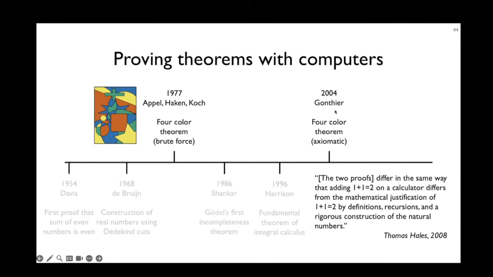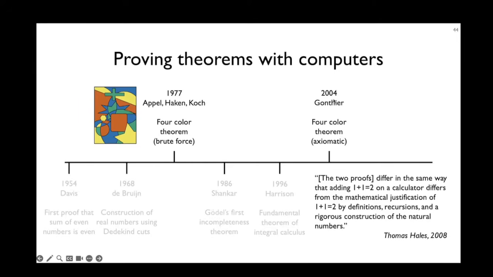Interestingly, in 2004, Gonthier took what had been a proof written in some programming language that was supposed to be checking the four-color theorem, and instead wrote it in a theorem prover where every single aspect of the mathematics of the four-color theorem was tied all the way back down to the axioms of mathematics.